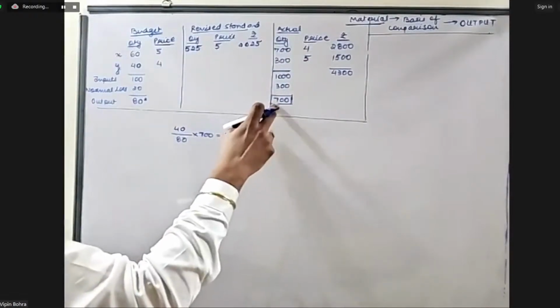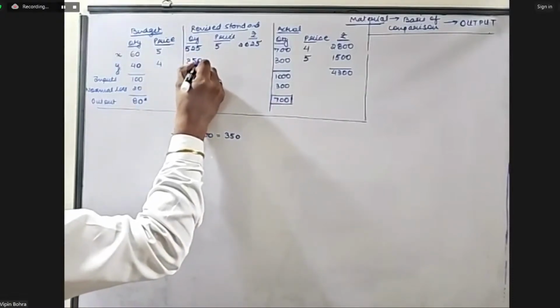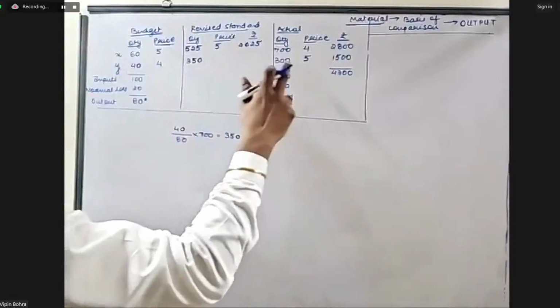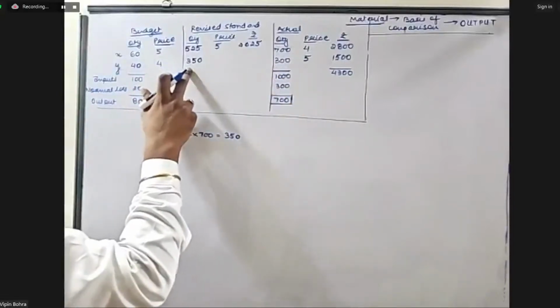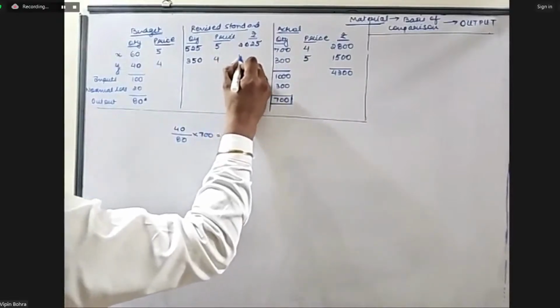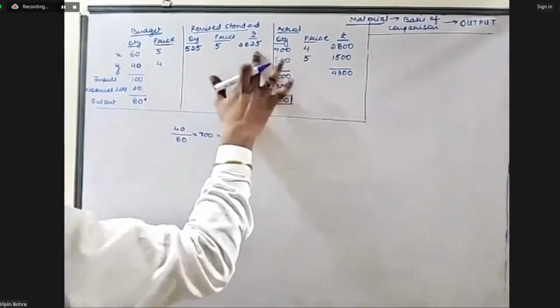So to manufacture these 700 units, 350 kgs of Y was supposed to be used, and actually we used 300 kgs. So 350 kgs of Y were supposed to be used at the rate 4.